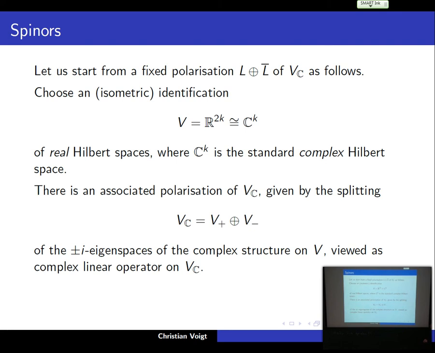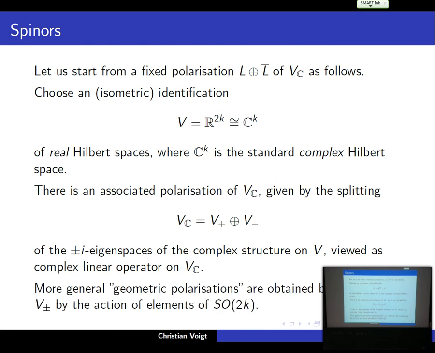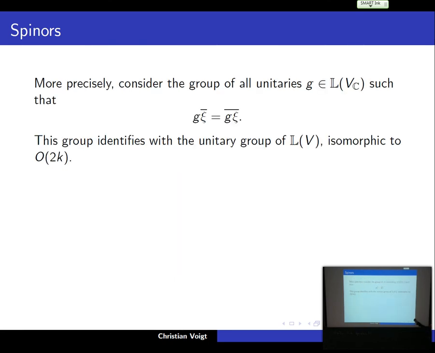And so later on, we will do something similar. We will start with a very specific polarization, and then I will argue that to get all other meaningful polarizations, we will have to act on that one with a certain group. And here, to obtain other polarizations, one should just start from this one, and one can act with elements from SO_N or SO_2k, if you like. Just to spell that out, there's nothing really going on here.